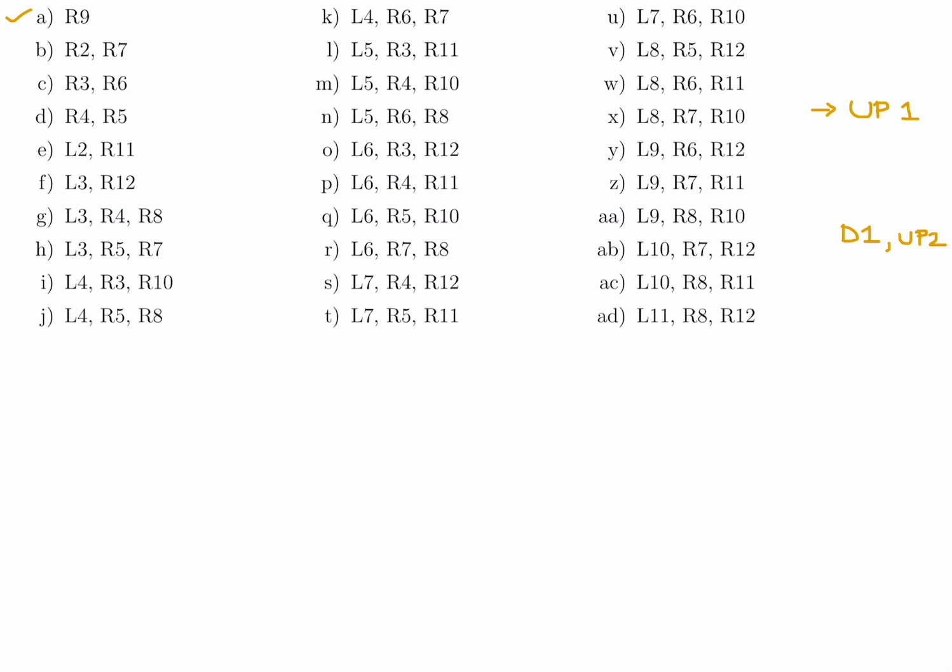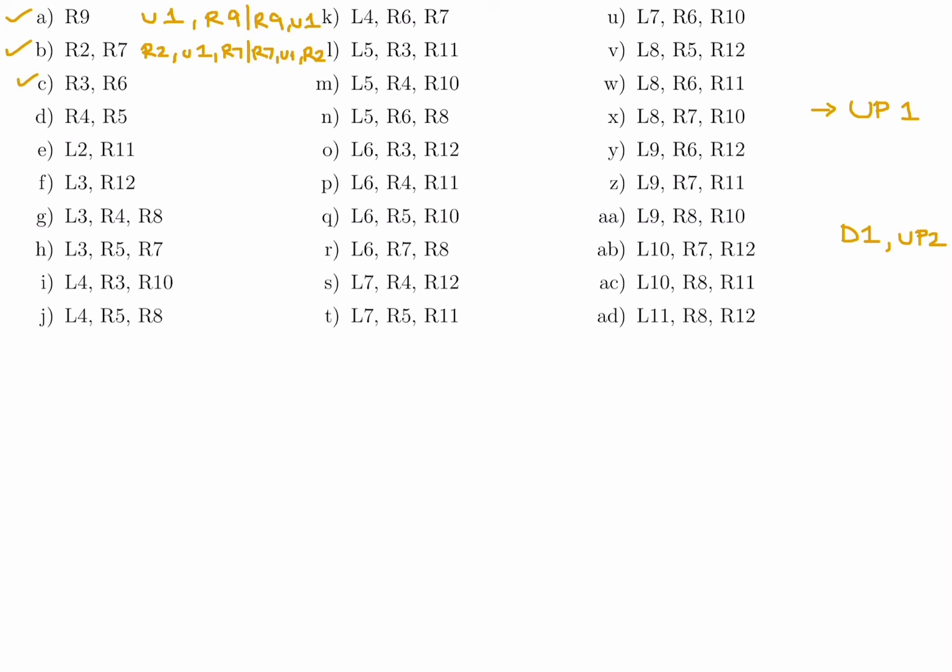If you're looking at the ones where you just go up by 1, that is going to include this right here. A. So it's going to be up by 1 and then right 9. And then you can also have right 9 and then up by 1. And then for B, you can also use it R2 up by 1 and then R7. Or you can do it R7 up by 1 and then R2.